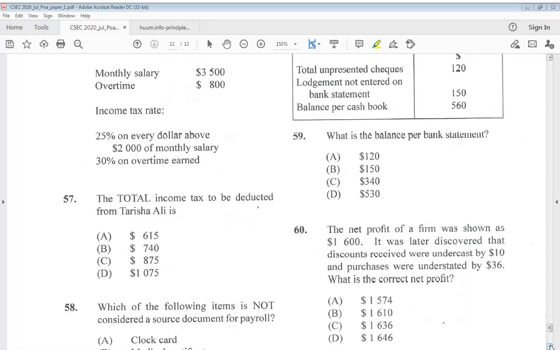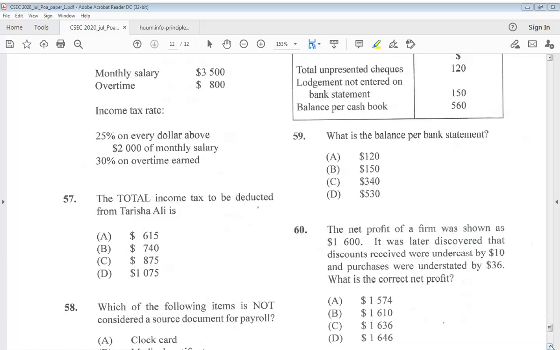So what we simply do, it says the monthly salary was $3,500, but then it says 25% on every dollar above $2,000 of monthly salary. So we simply deduct $2,000 from the $3,500, which gives us $1,500, and we find 25% of $1,500, and that will give us $375.